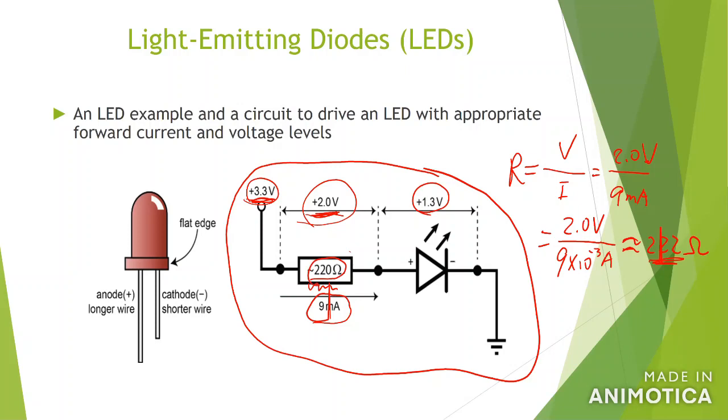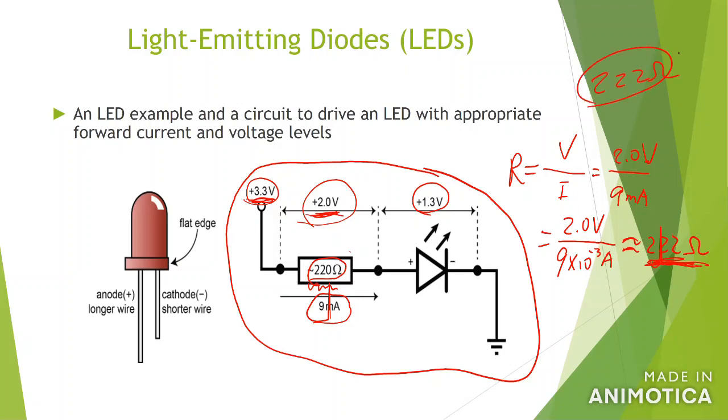The reason is this. For resistors, all those manufacturers just manufacture resistors with standard resistance. They don't manufacture this kind of 222 ohms resistor.